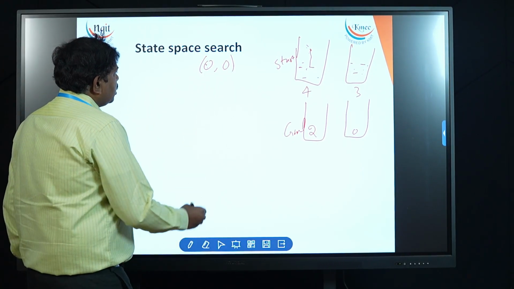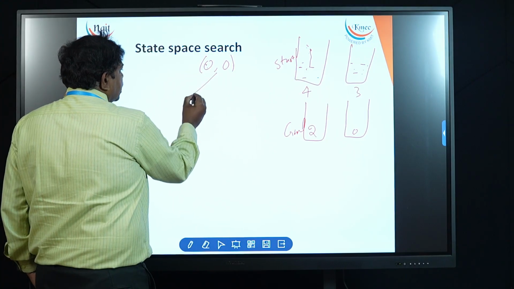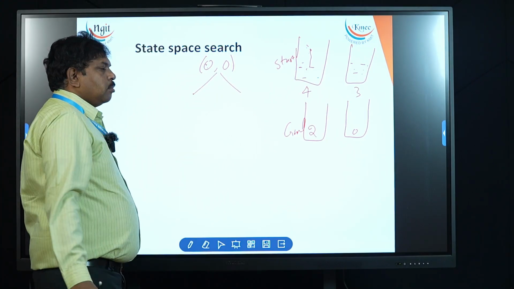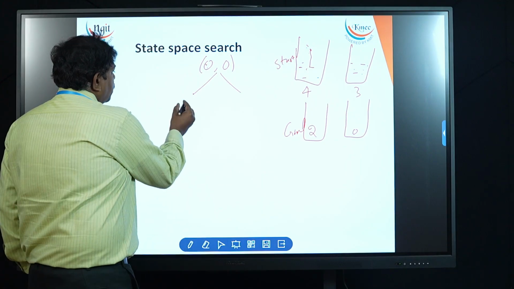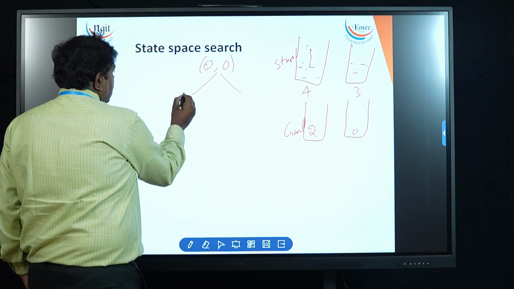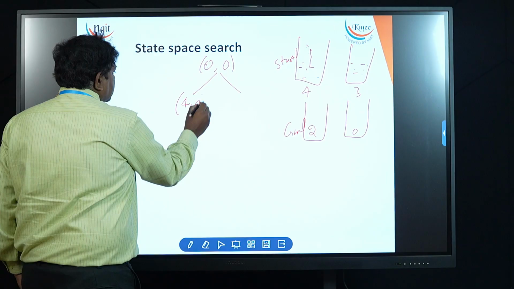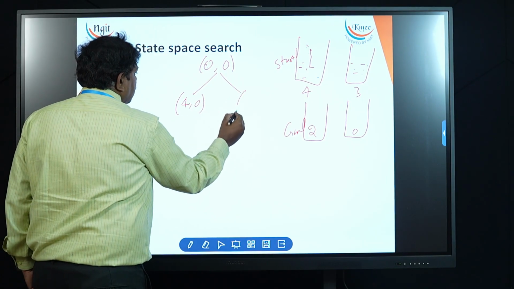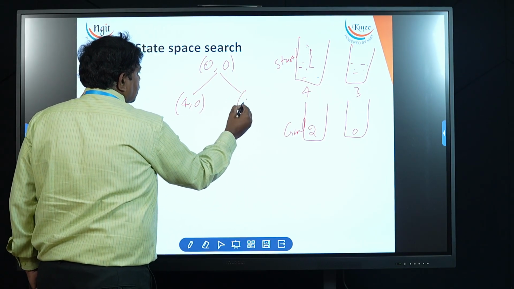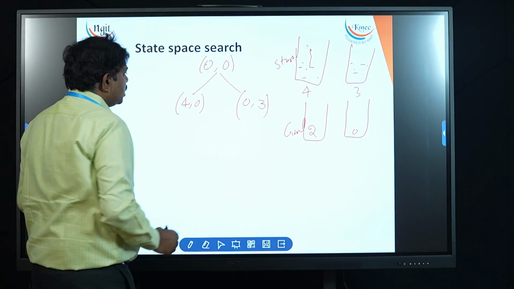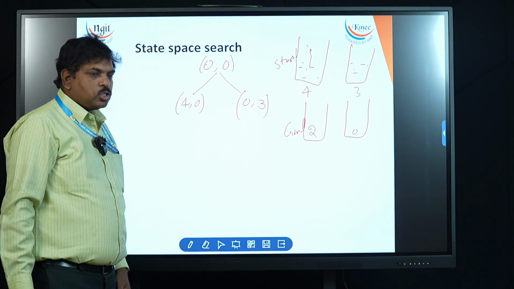Then I try to draw states. Now, what could be the next state of this problem? Now, somebody may fill the first jar with 4 liters, and another one may fill the second jar with 3 liters. These are the two states from the first state 0, 0.